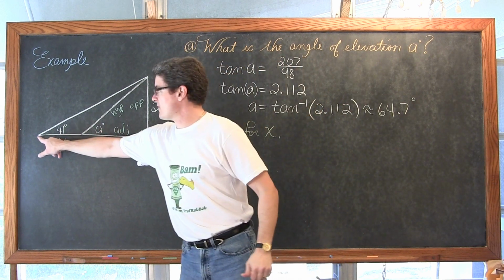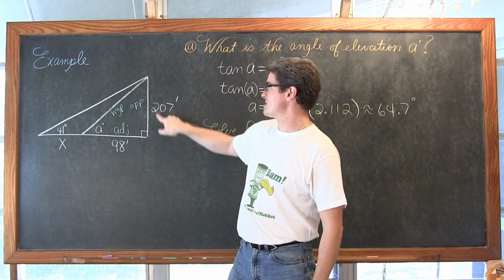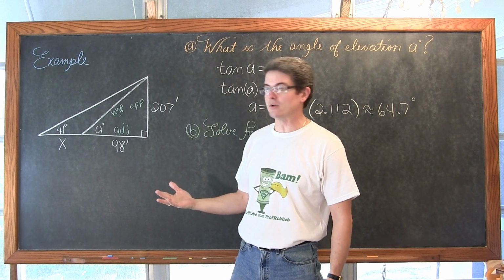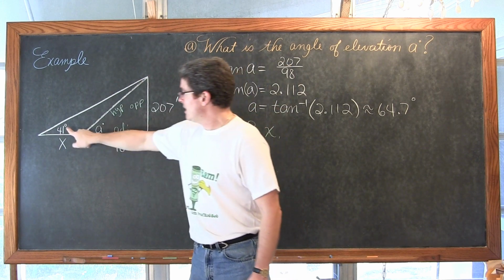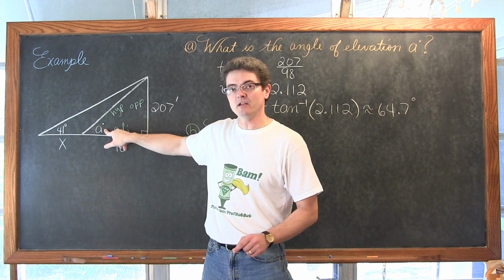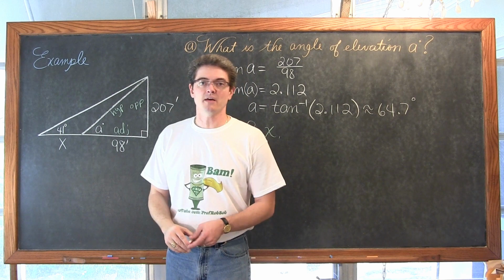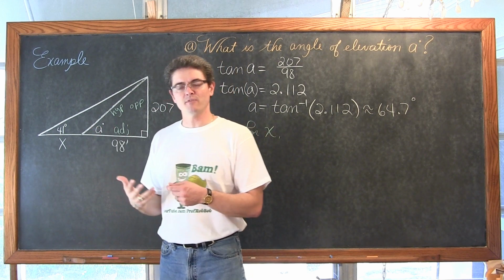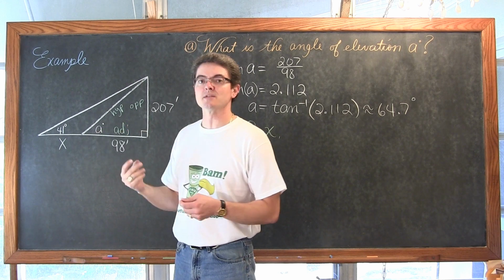So if I step farther back to look up at this top, which is 207 feet above, let's just call it the ground, I'm not going to have to physically strain my neck as much to look up. So this angle of elevation should be less than this angle of elevation here, and indeed it is. Of course, 41 is less than 64.7. So I'm just giving you some way of identifying if this number is even reasonable.